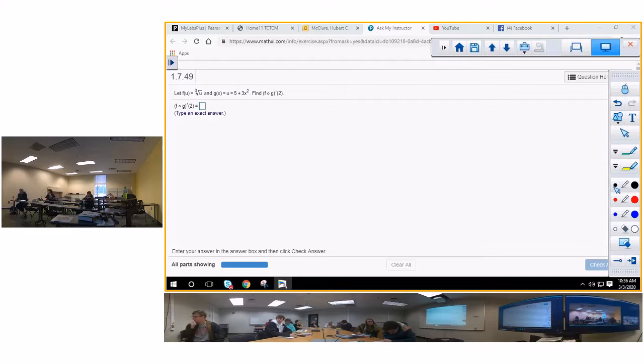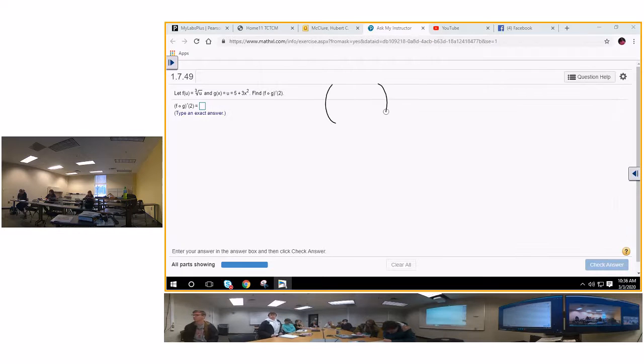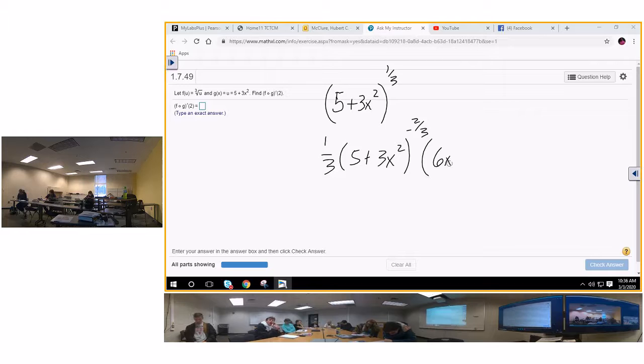So u is equal, g of x is equal, they want to find f of g, so that's going to be parentheses to the 1/3 power, and 5 plus 3x squared, so that's going to be 1/3, 5 plus 3x squared to the negative, what? Negative 2/3? Yep. Times 6x.